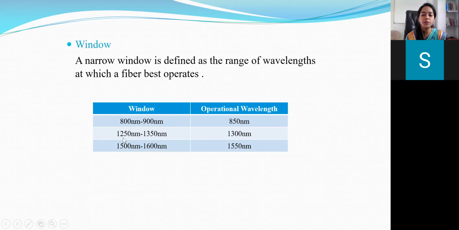It is from 1250 to 1350, so you can call the operating wavelength 1300 nm. Likewise, if we have a 1500 to 1600 window, we can operate at 1550 nm. This is the operating wavelength.